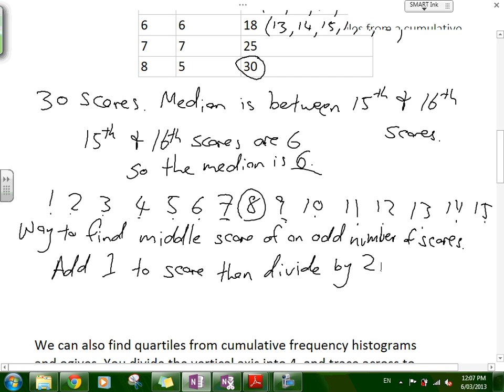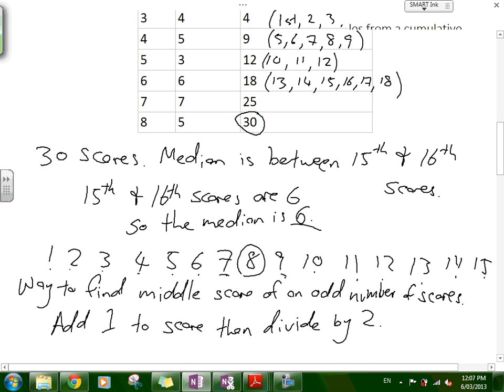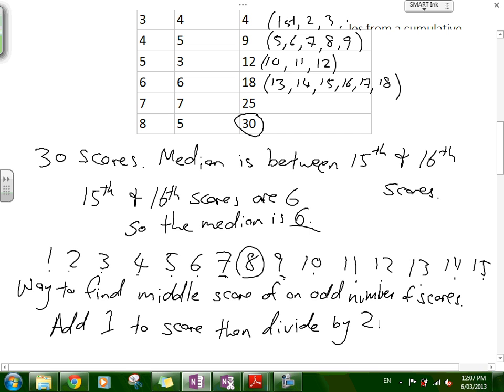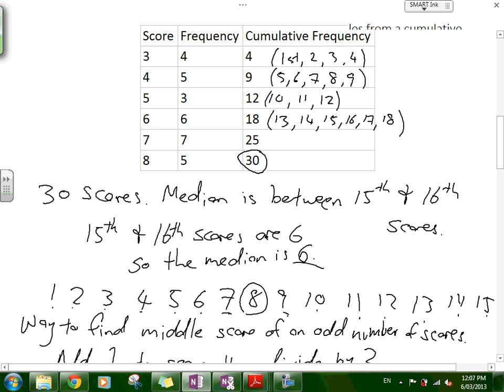Now saying that, we are looking for the 8th score. So what's the 8th score in this data set? It's 4.